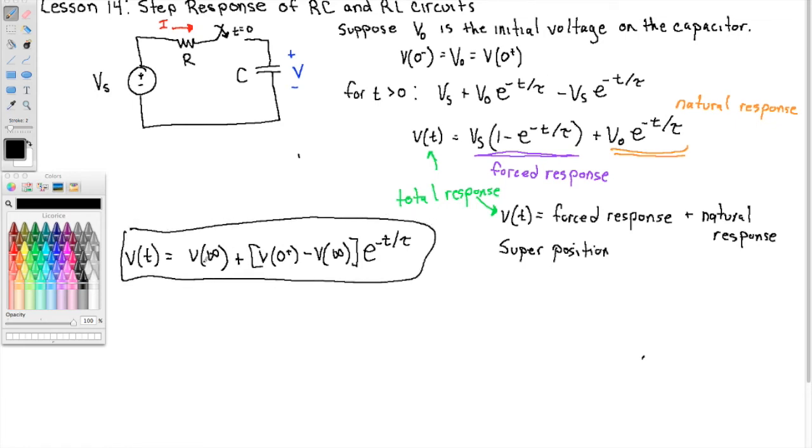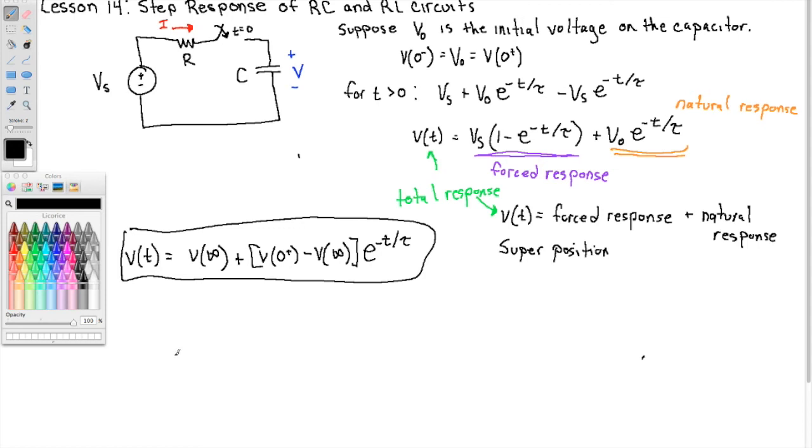The voltage across the capacitor at infinity means after the switch, let it run its course, meaning wait several time constants, 5, 6, 7 time constants, to where the capacitor is effectively an open circuit.